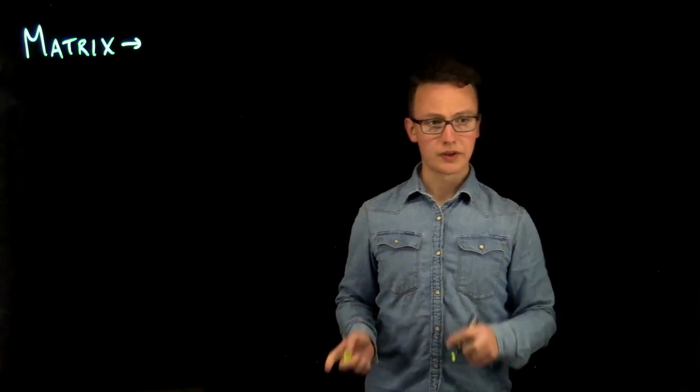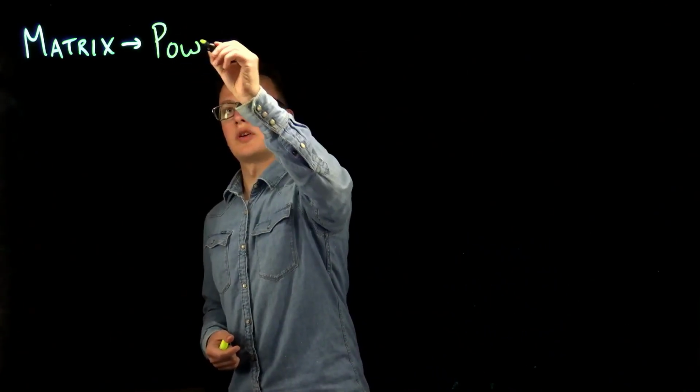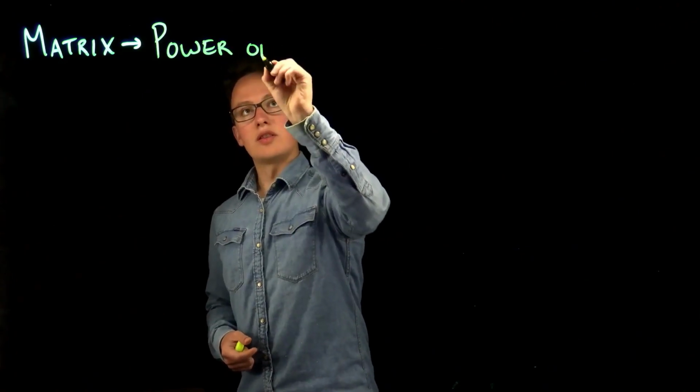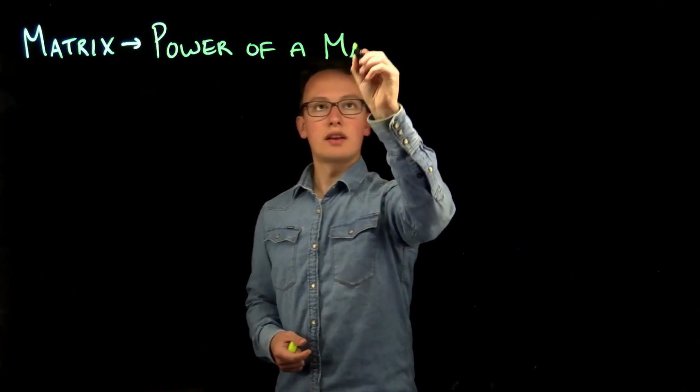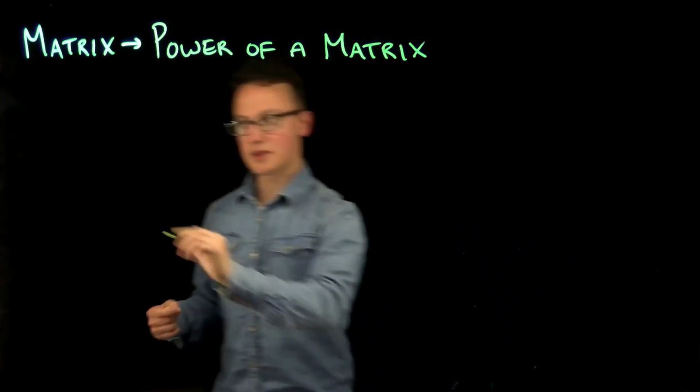The next concept we want to introduce here is the power of a matrix. The power of a matrix is something that can be computed specifically and only from square matrices.